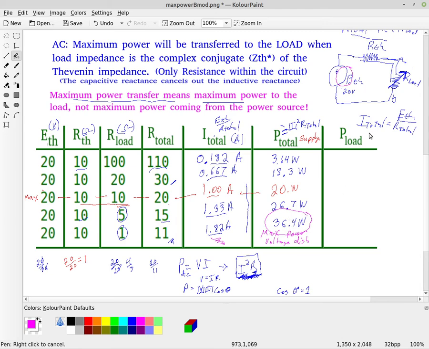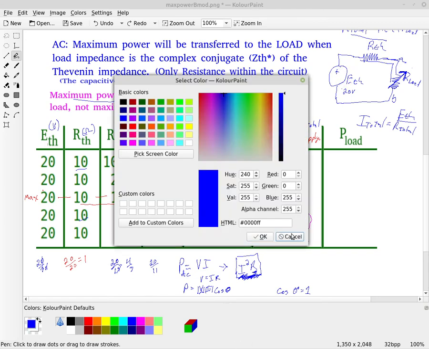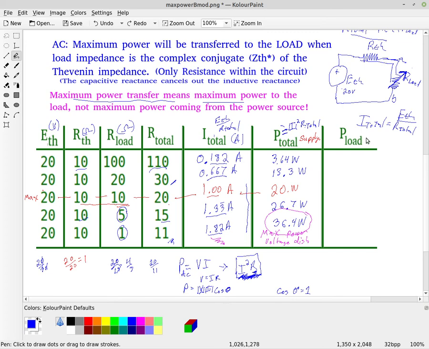Okay, so let's look here now at our load. And again, our I squared R. I squared times R gives us power, but in this case we're looking at just the power at the load.